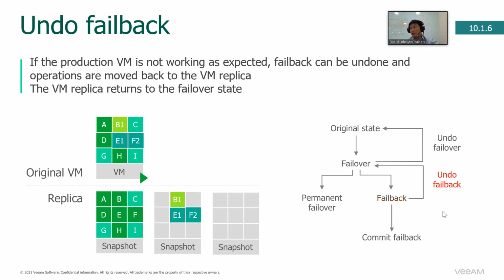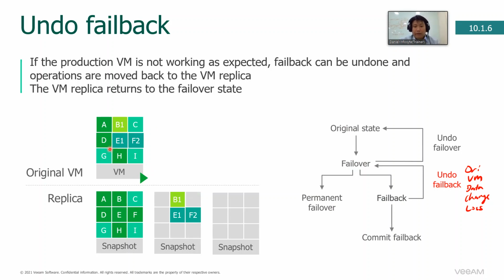Now, when you select undo failback, remember, okay, the original VM will have data change loss. So if you select undo failback, all the data that actually got written to the original VM for testing purposes, for example, will get discarded.